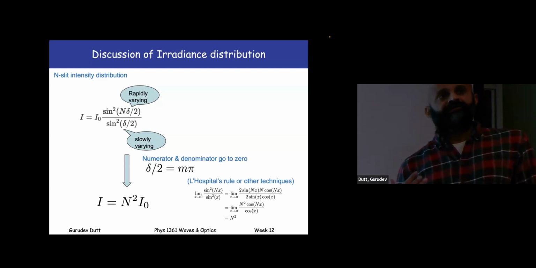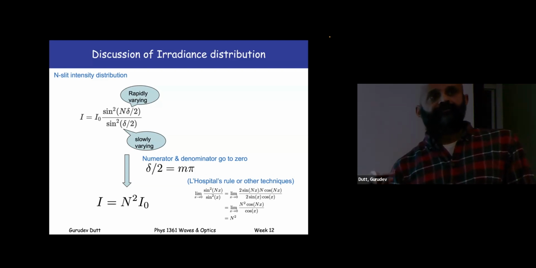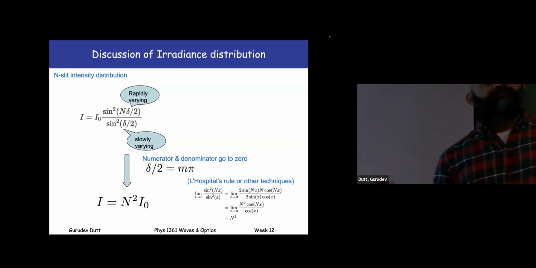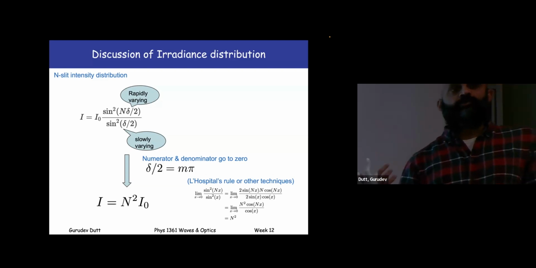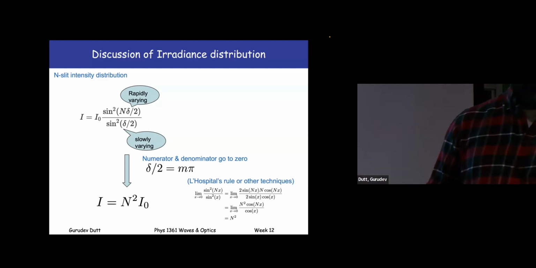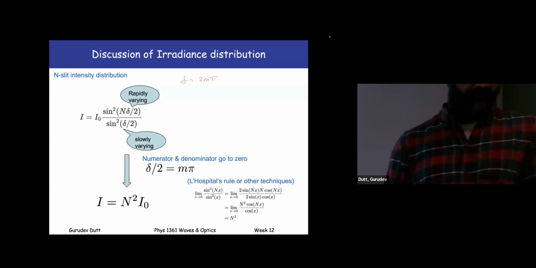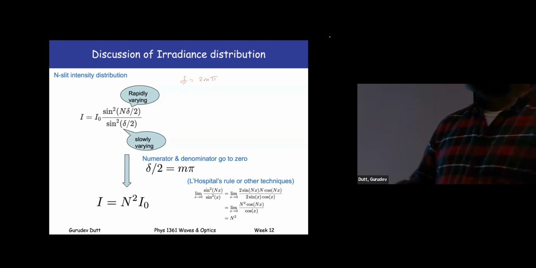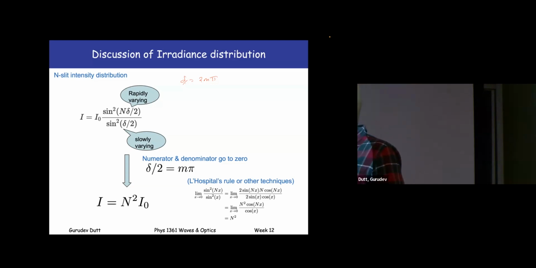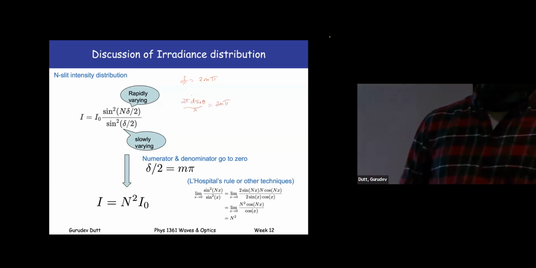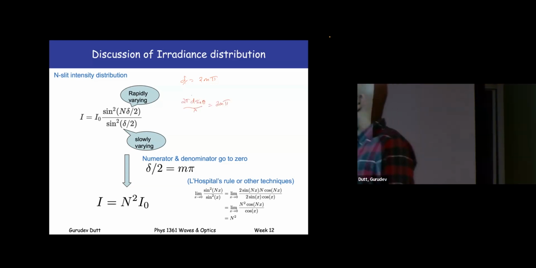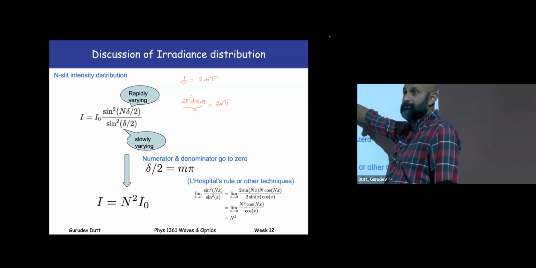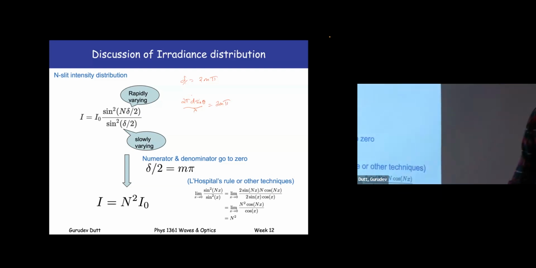And that time the intensity went 4 times the intensity from one slit. And now we have n slits, which is going to go as n squared. So it's a big, huge interference pattern. Again, I'm just writing this out. When delta equals 2 m pi is when I get a maxima. So that is equivalent to 2 pi d sine theta over lambda equals 2 m pi.